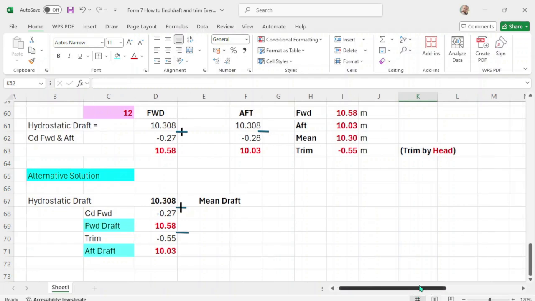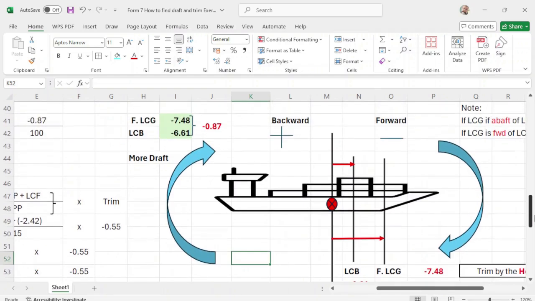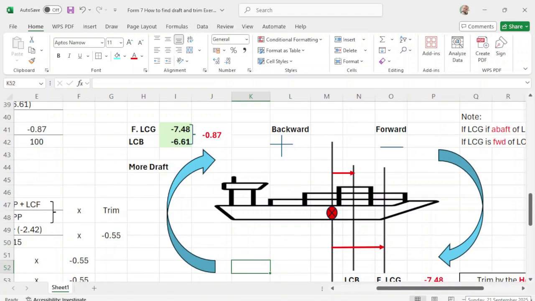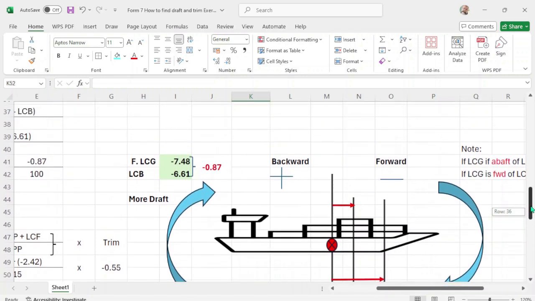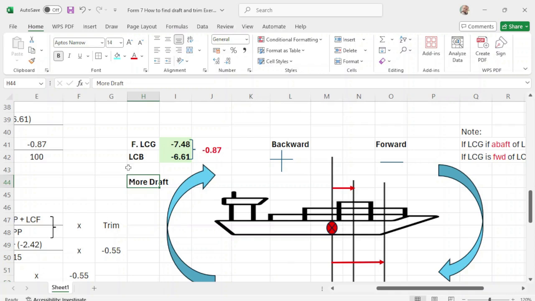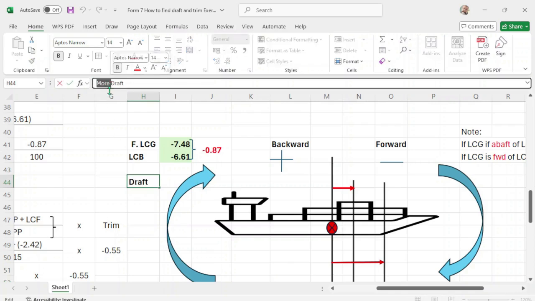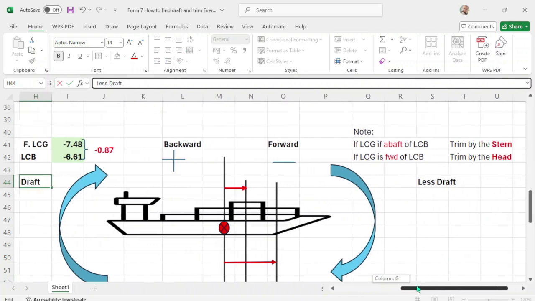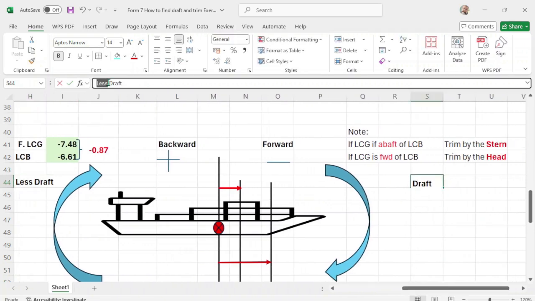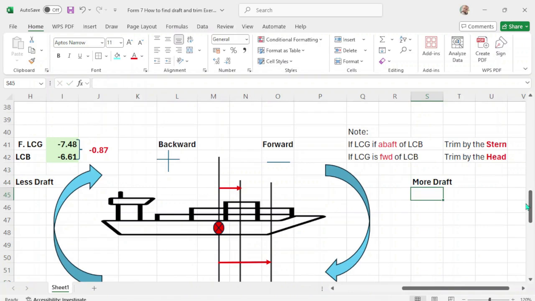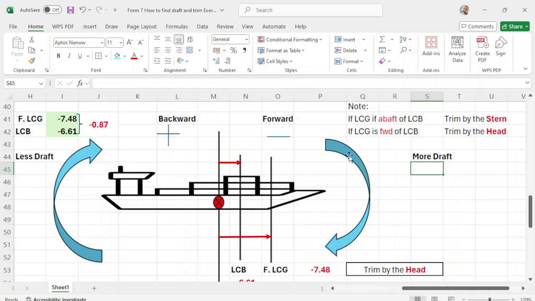Now the direction: you will have less drop up, and you will have more drop forward, because on the forward part, this will sink.